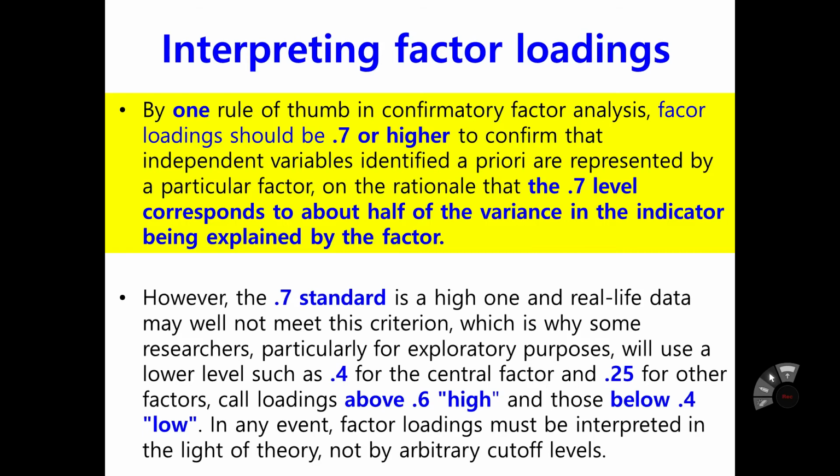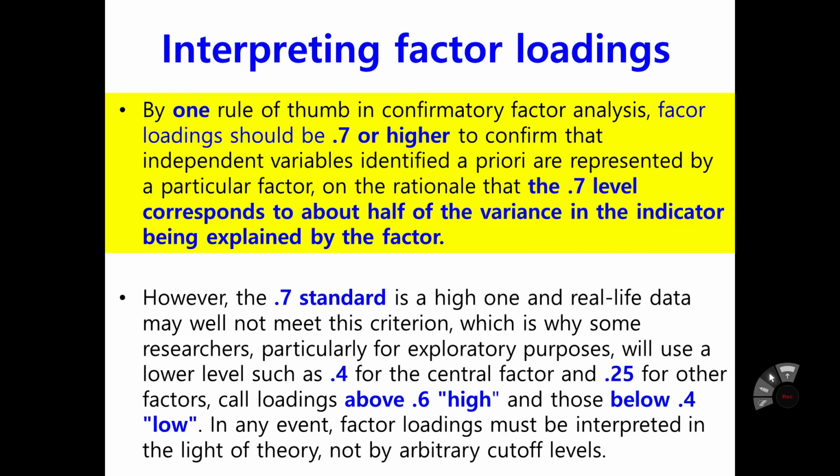However, the 0.7 standard is a high one, and real-life data may well not meet this criterion, which is why some researchers, particularly for exploratory purposes, will use a lower level such as 0.4 for the central factor and 0.25 for other factors, calling loadings above 0.6 high and those below 0.4 low.